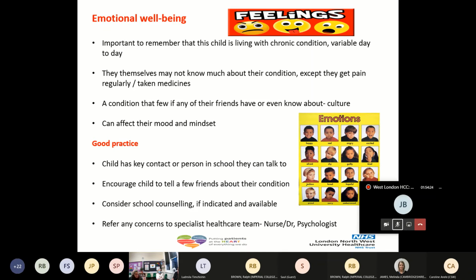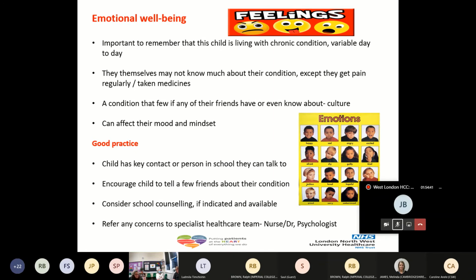One young girl was very brave and decided to stand up in front of the class and tell them a little bit about herself and her condition, and I just went along to support her with that. She was very brave, and it was a very emotional thing to do.